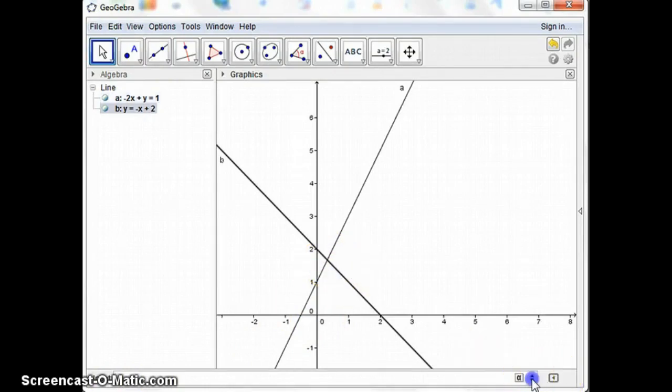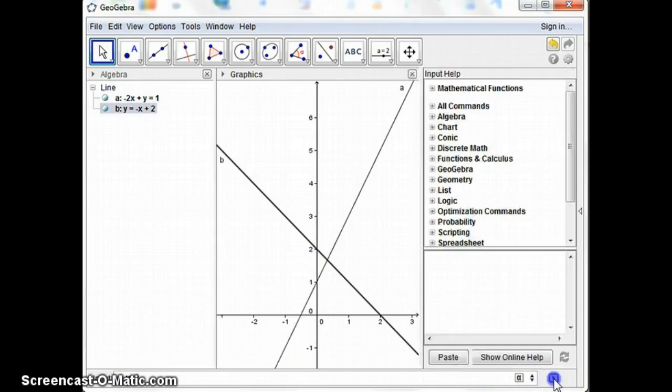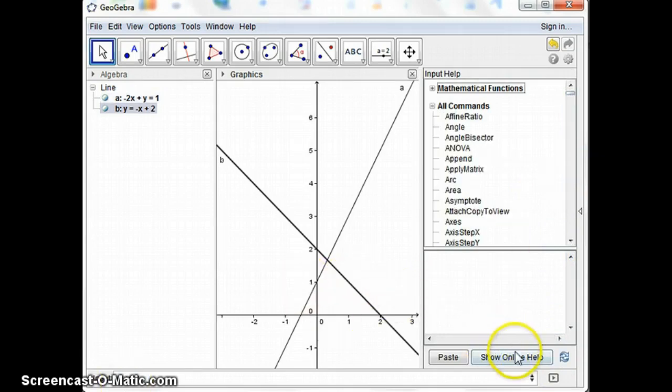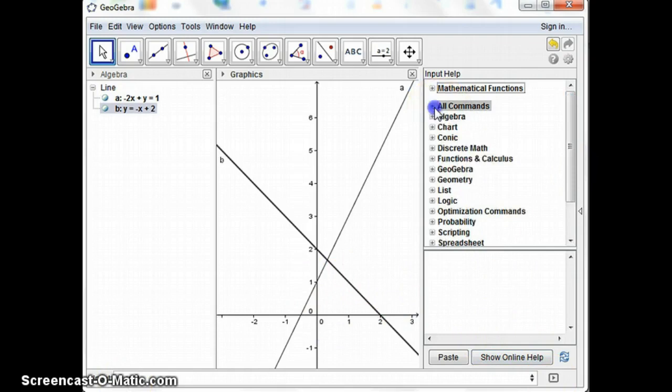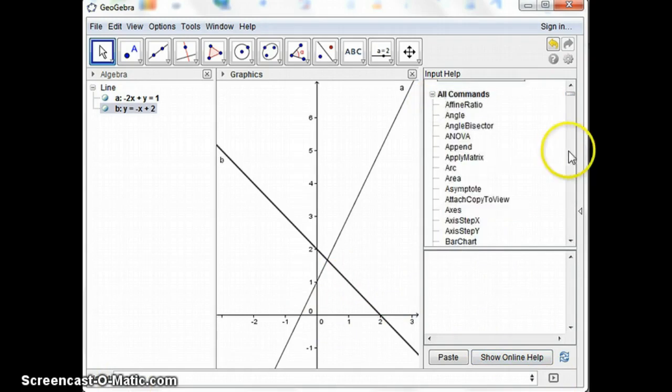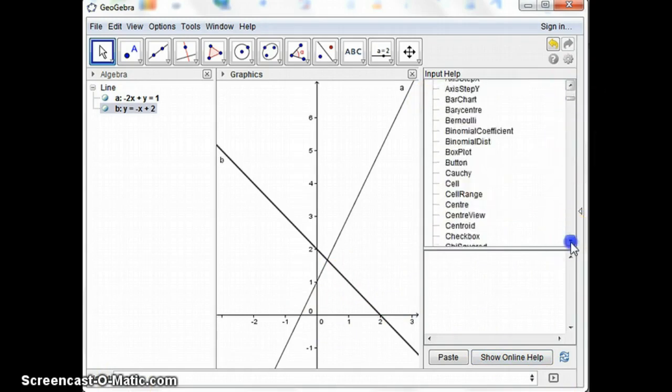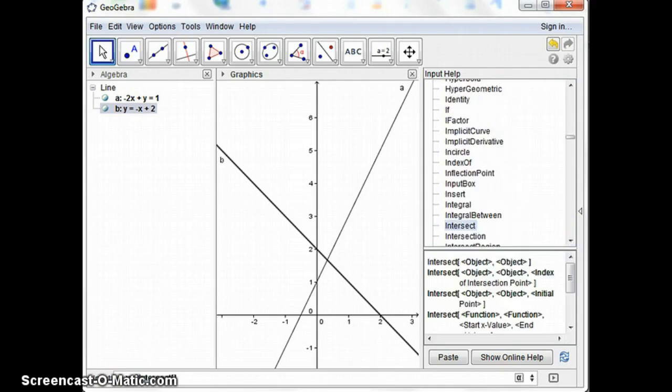Now on GeoGebra, we can look for a command which is called Intersect. So we'll find that. On that tab we've got all these options. We choose All Commands, it's just easier. We'll go down to I for Intersect.